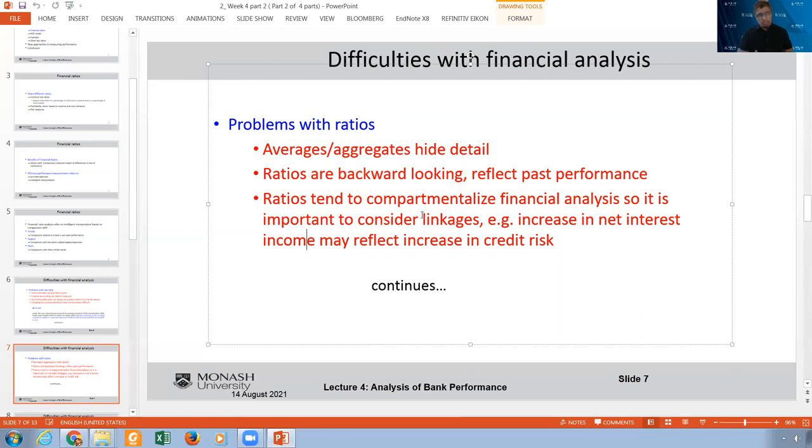So because each group of ratios looks to a certain area in our performance, we cannot actually merge everything. So this is one of the other things that we talk about when we talk about the compartmentalization of the financial ratios.